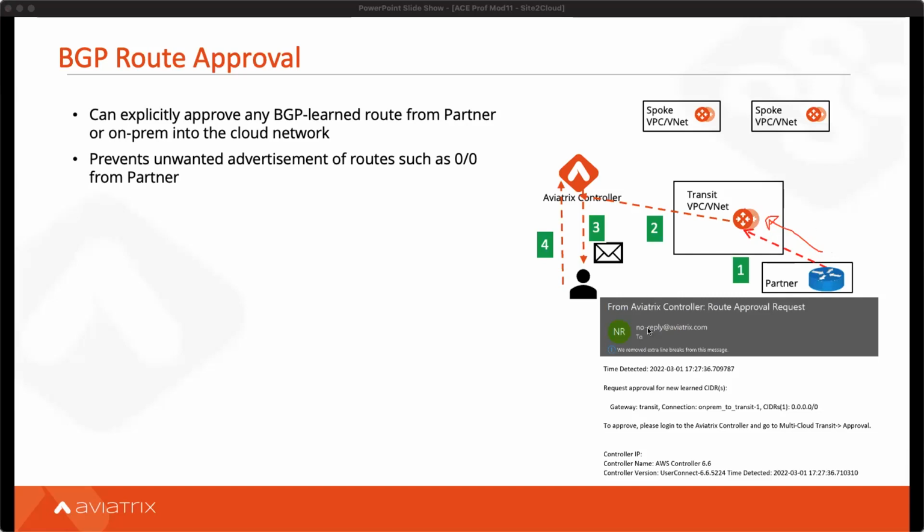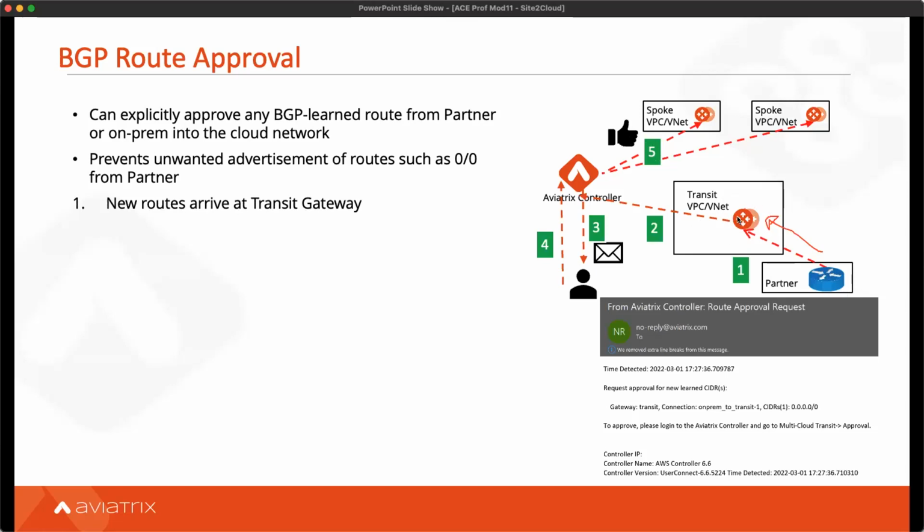With BGP route approval, what will happen is, again, one of the use cases is obviously to prevent bad advertisements, wrong advertisements, default routes, overlapping advertisements, things that will cause problems in your network. So when you get this advertisement, you do not propagate anything, and you do not insert it into your forwarding plane.